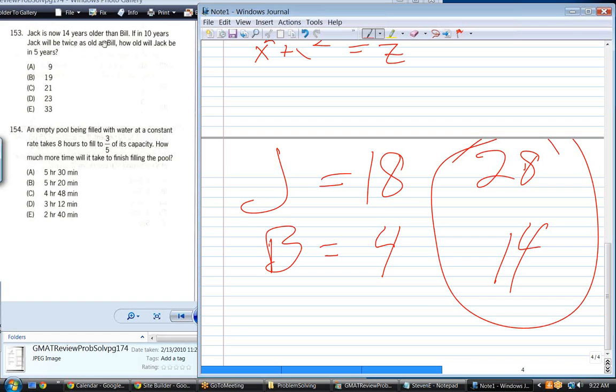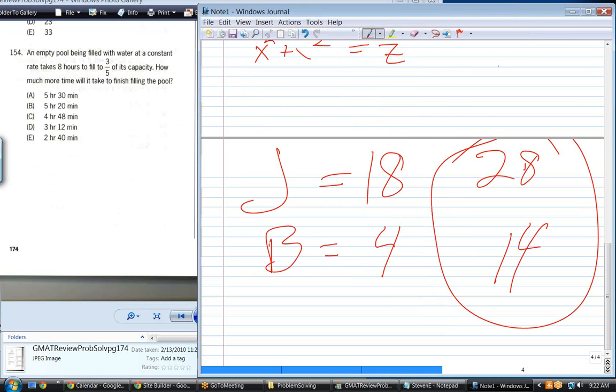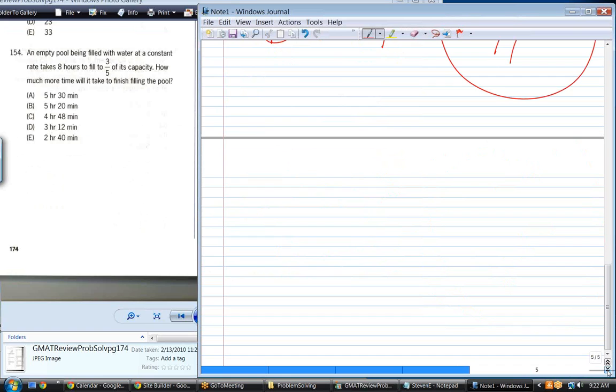And notice that it doesn't matter if Bill is a negative age, because the problem states that Jack's 14 years older than Bill. As long as Jack is 14 years older than Bill, that is the only thing that matters. In other words, we couldn't rule out 19 because Bill was 0 right now. Maybe he was just being born. Okay, all right, a work problem.